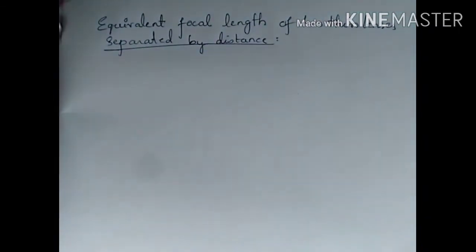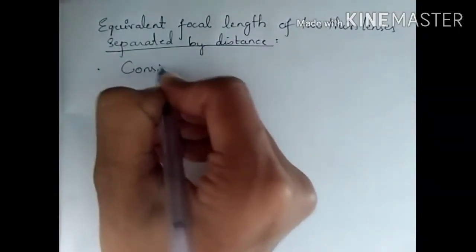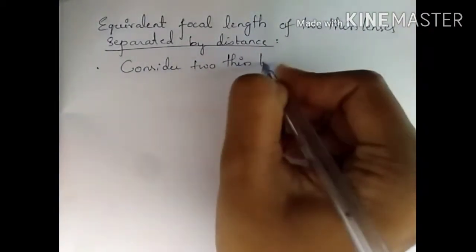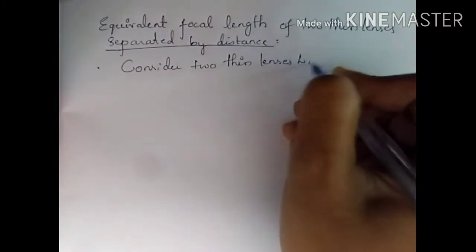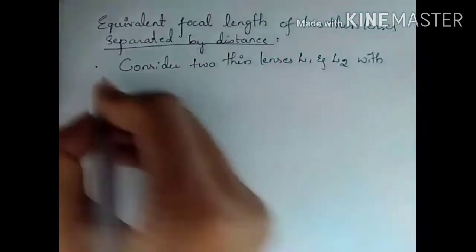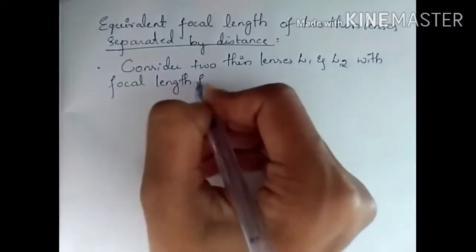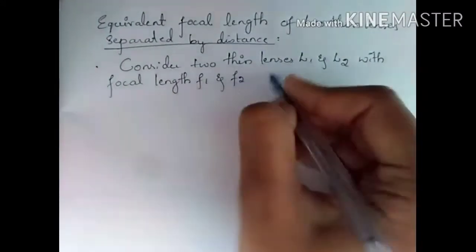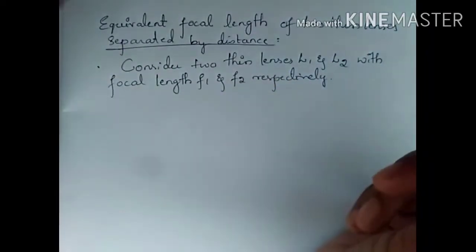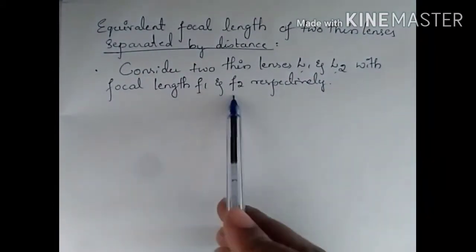For that you have to consider two thin lenses L1 and L2 with focal lengths f1 and f2 respectively. So basically you need to have two lenses L1 and L2 with their focal lengths as f1 and f2.